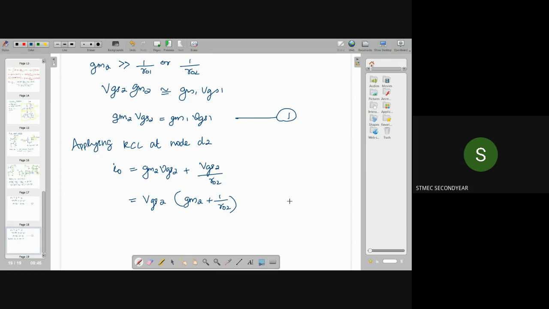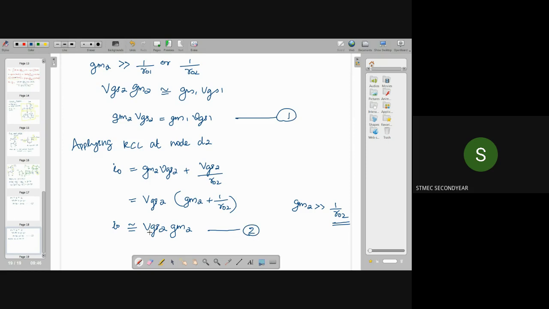We already said that GM2 will be very much greater than 1 by R02, so we can neglect the term 1 by R02. So I0 is approximately equal to VGS2 into GM2. This is our second equation.